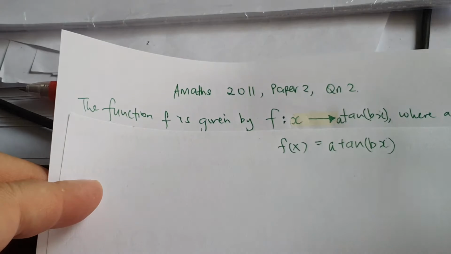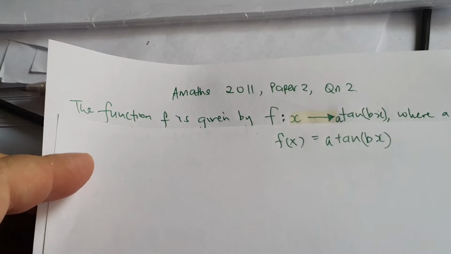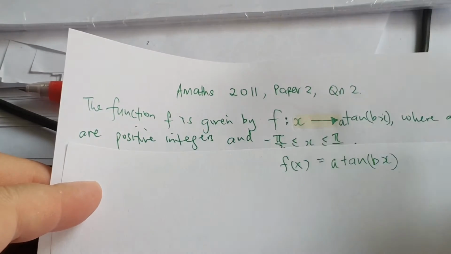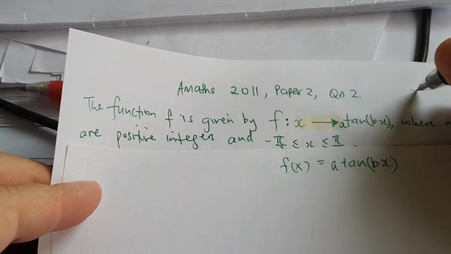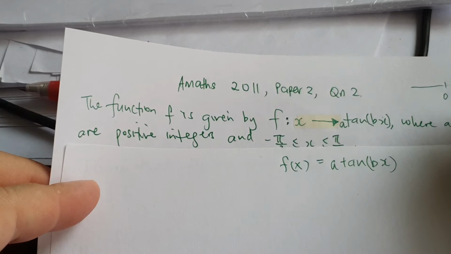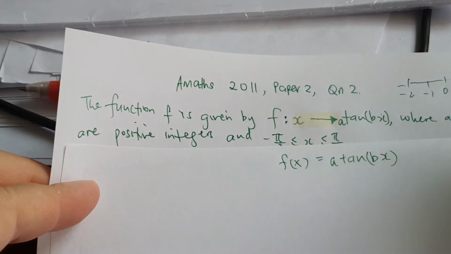Now what you need to understand is that the question tells you that a and b are positive integers. Positive integers means, let's say I have a number line here, then this will be −1, −2, and so on.